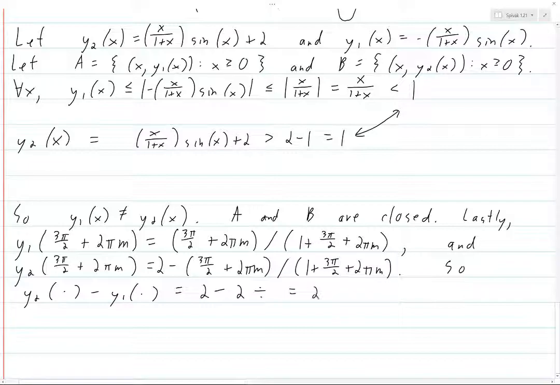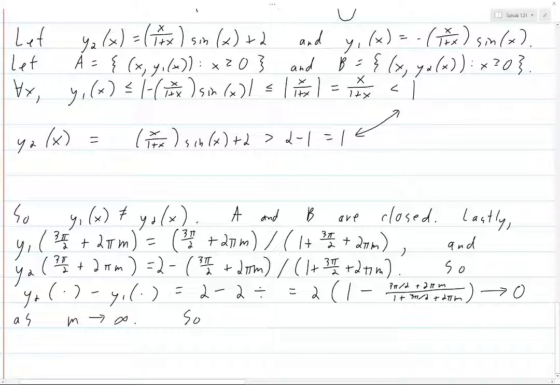So this is 2 times 1 minus, and then we got this, I'll write it out again here: 3 pi over 2 plus 2 pi m over 1 plus 3 pi over 2 plus 2 pi m. And as m goes to infinity, this term will go to 1, so this will go to 1 minus 1, which is 0, as m goes to infinity.